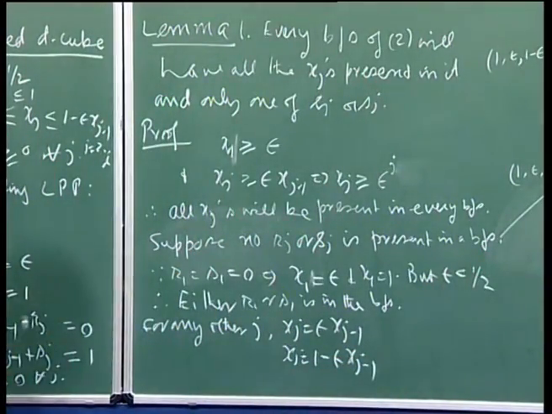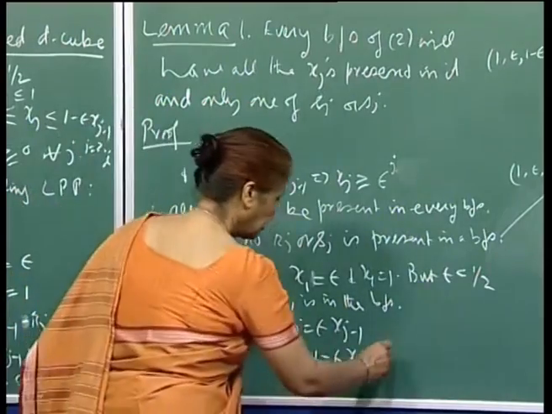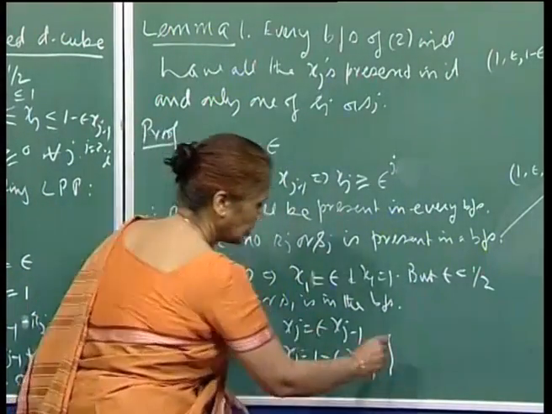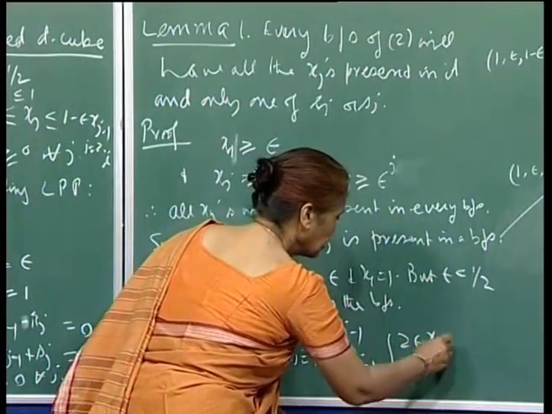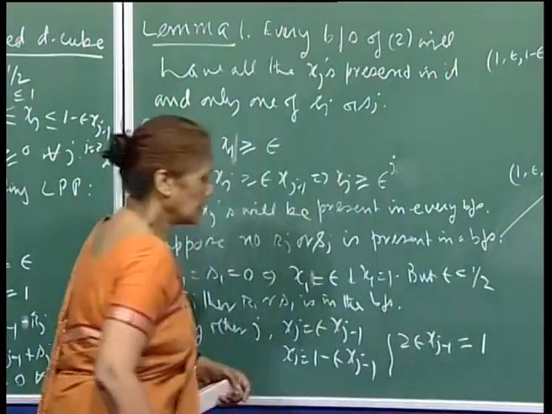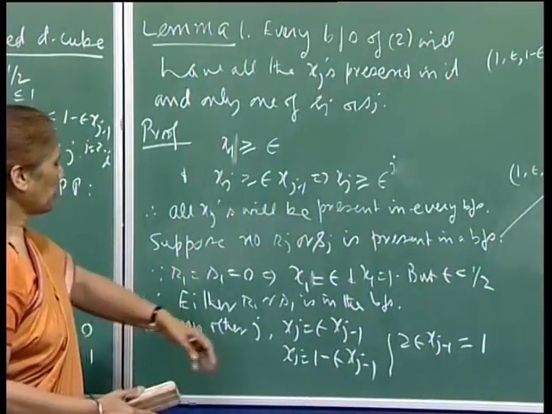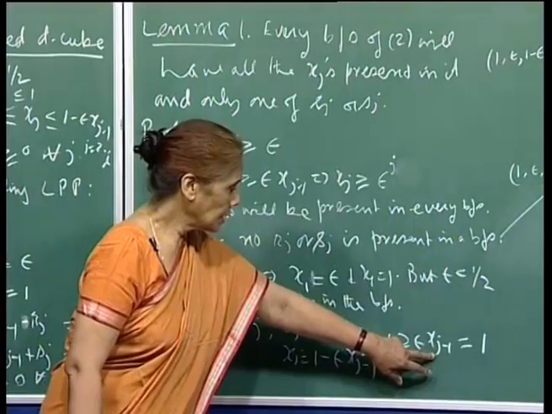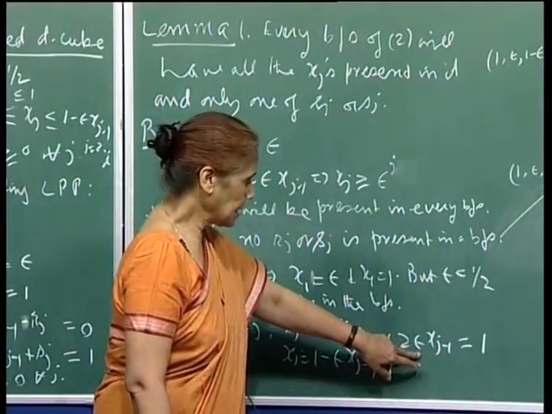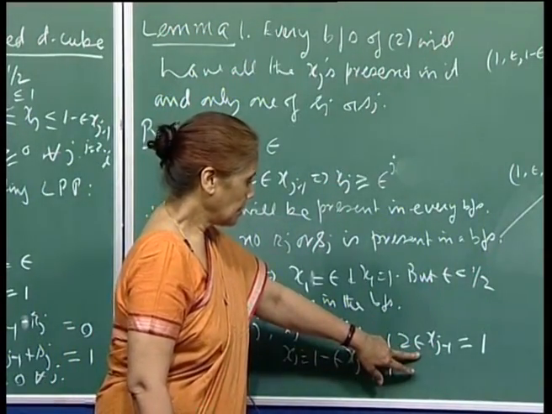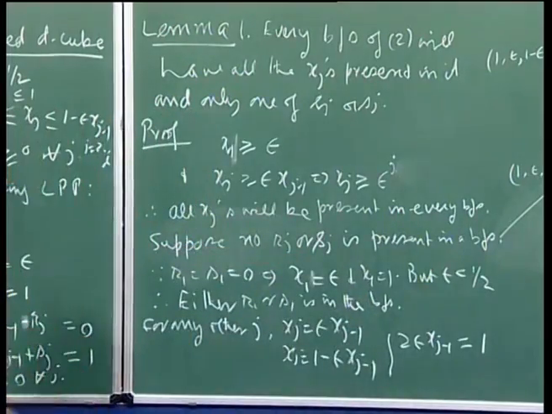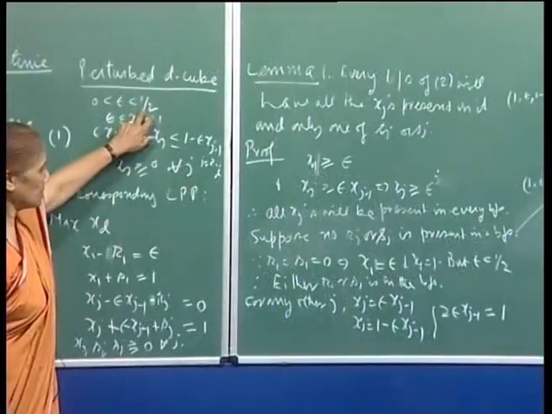So if you equate the two, these two together imply that twice epsilon xj minus 1 is equal to 1. But remember, epsilon is less than half, because we started with the assumption that epsilon is strictly less than half.